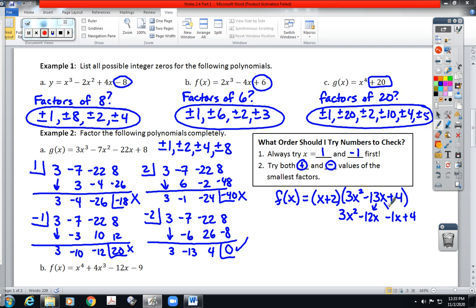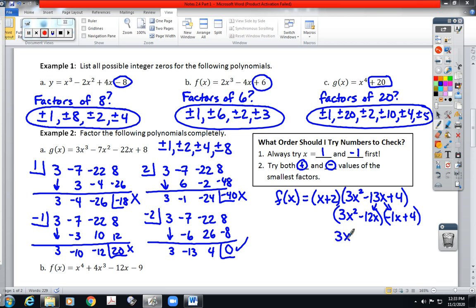So we break up that middle term into negative 12 and negative 1. Group. And factor the greatest common factor out of each of those. So that first set of parentheses, I can factor out a 3x.